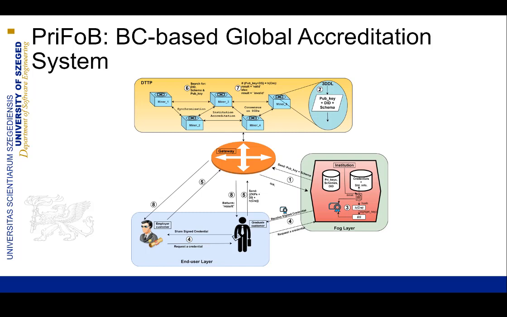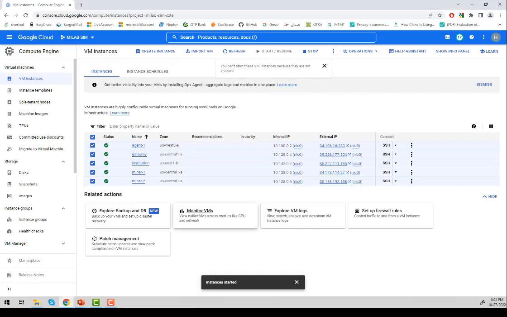So I actually started a few virtual machines in the cloud. Here I have two miners, one institution, one gateway, and one agent. And I will set up one virtual machine in the cloud from the start, from zero.